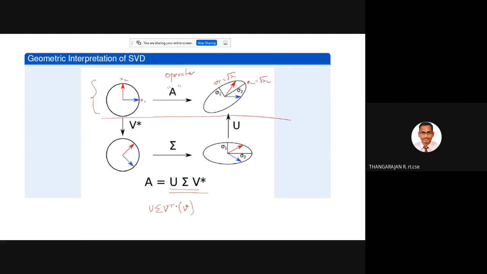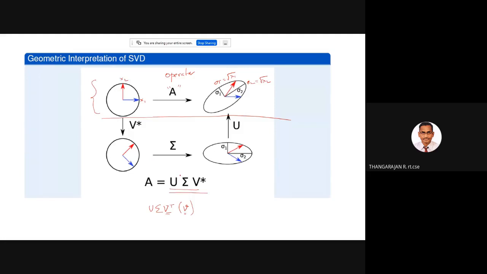What happens? First you apply V transpose to v. Star here means transpose. What it does is it simply rotates. It doesn't scale; it simply rotates.